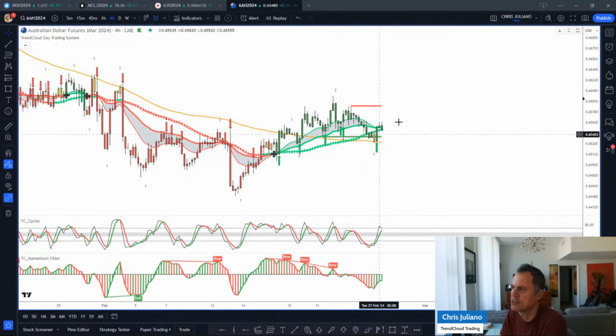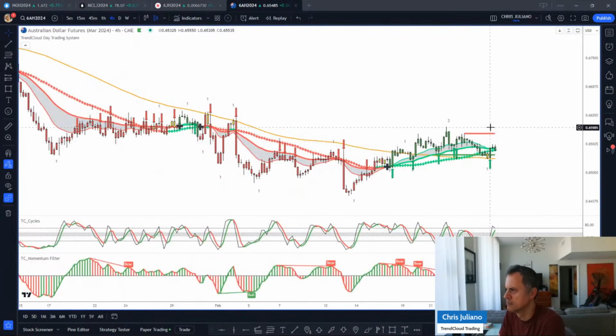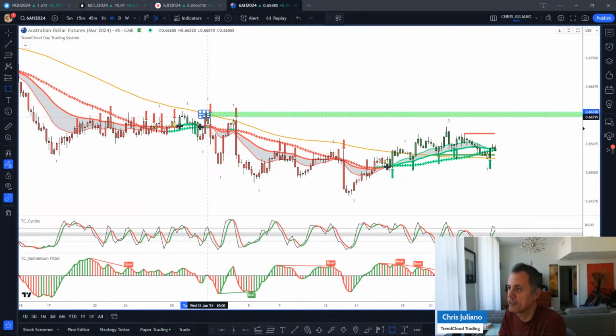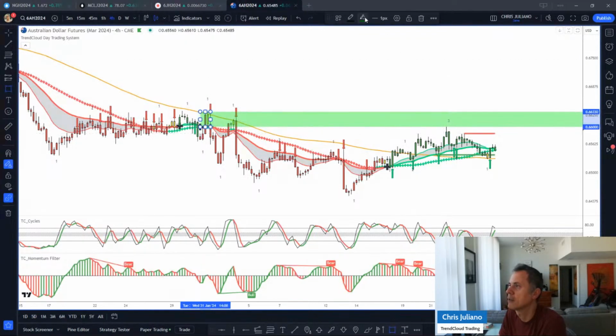Broke above. How long is this going to last? It already recalculated again. Well, we've got all this consolidation right here. And look at that. I like that.